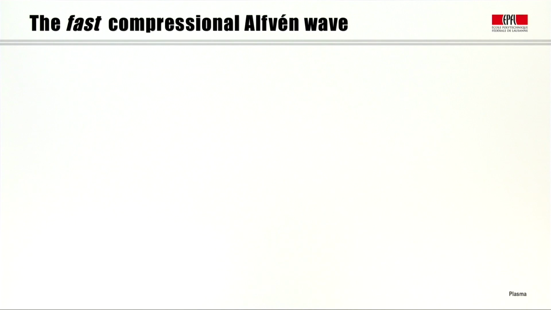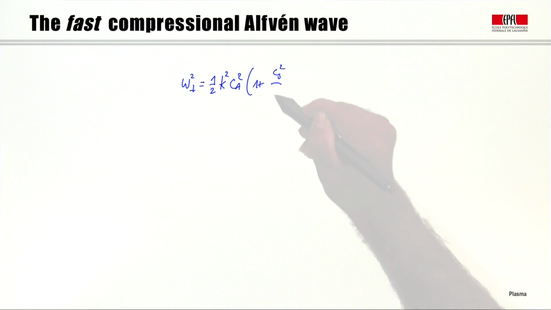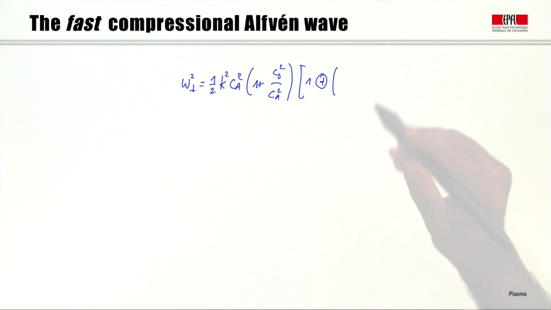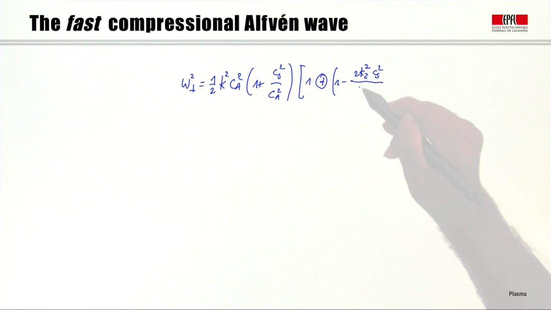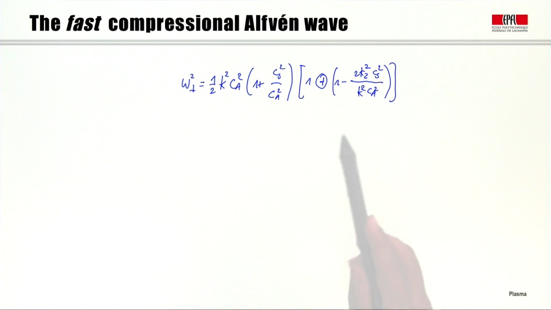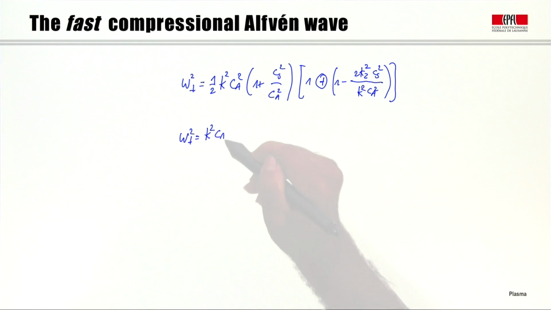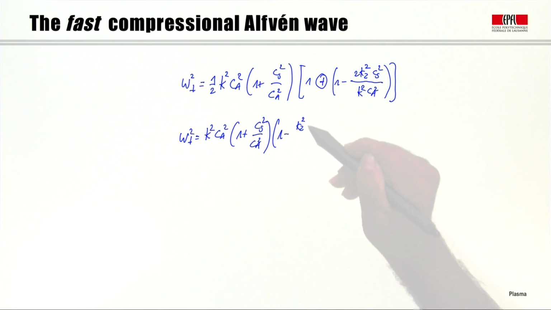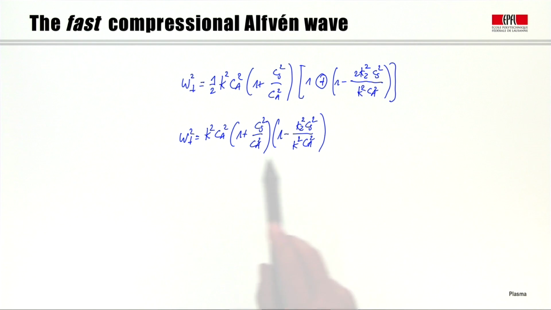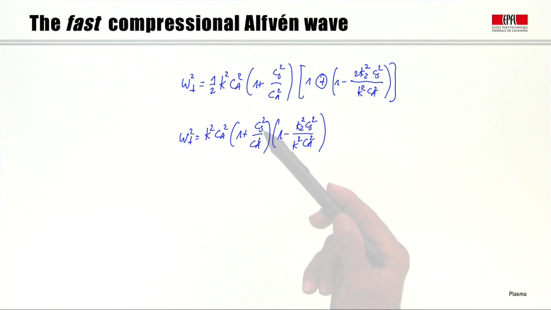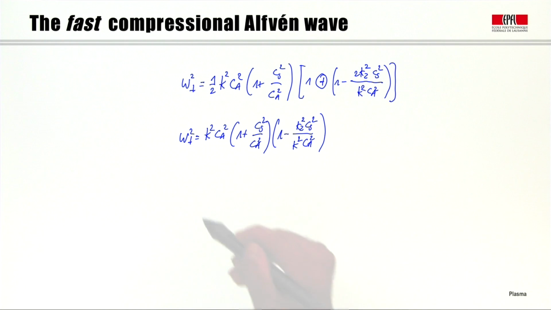We can now consider the plus root of the dispersion relation. We proceed with this calculation by summing 1 and the brackets. We can now take the product between the two brackets and keep only terms that are linear in the ratio Cs over Ca square.